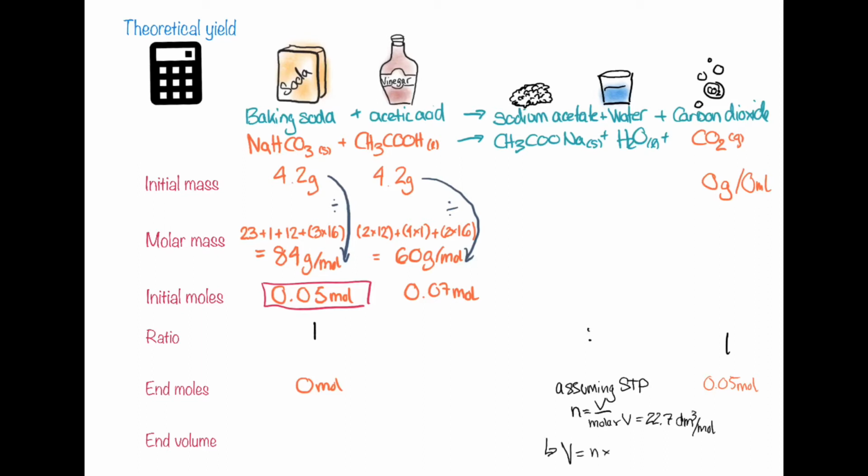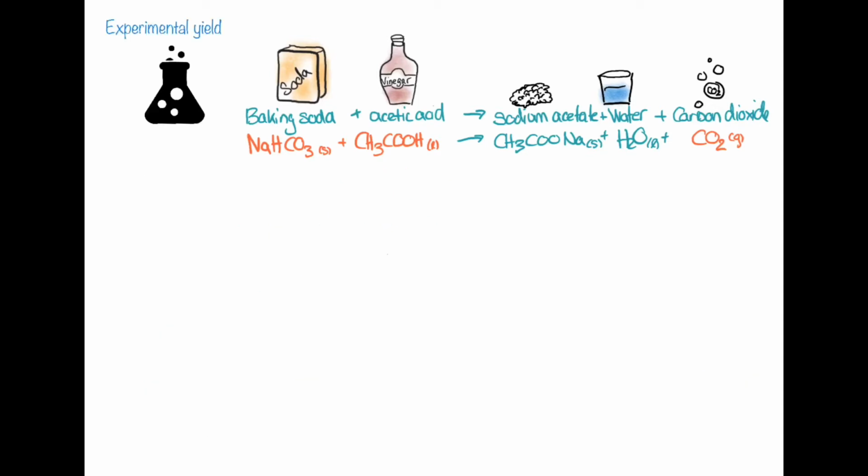Do a little bit of algebra, so volume would be moles times molar volume, in this case 0.05 moles times 22.7 decimeters cubed per mole, which will make 1.135 decimeters cubed or 1,135 milliliters. To determine the experimental yield, we need to collect and record experimental data.